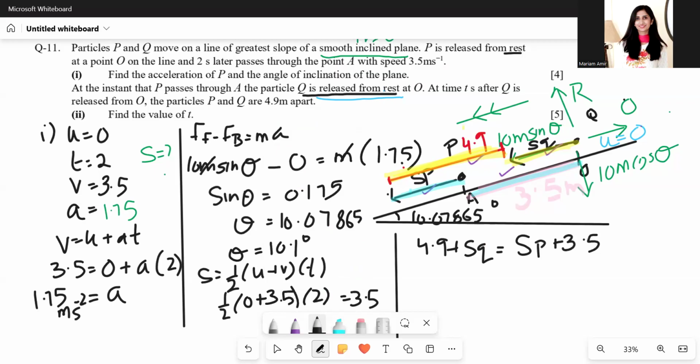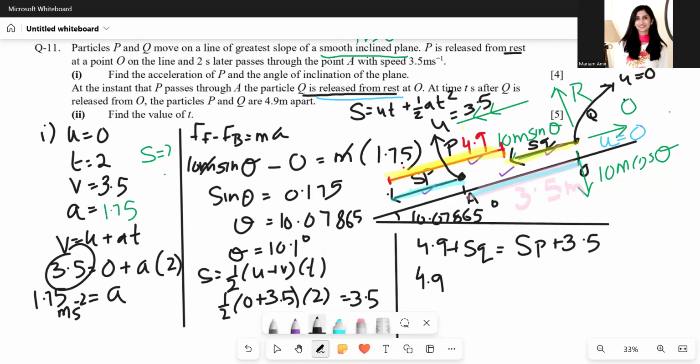Now let's use the formula for distance, which is ut plus half at squared. I know the u's here; I know the u here, we had found it earlier. It was 3.5, the v, which is now u, and this u is 0.